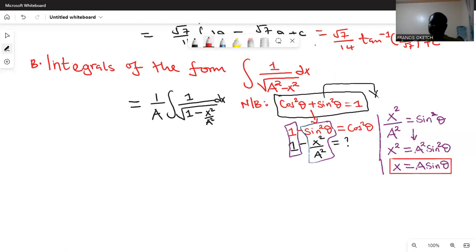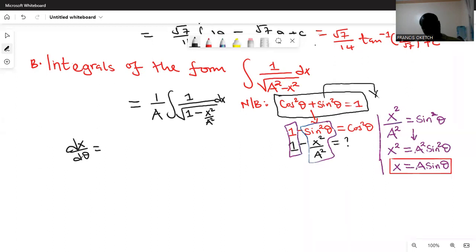We said a is a constant. Because we know x, we must also be able to substitute the dx. So when you differentiate x with respect to theta, what do we get? You write dx d theta.